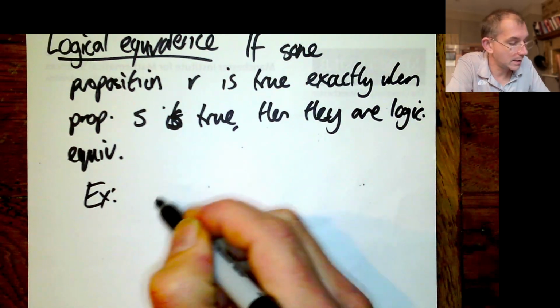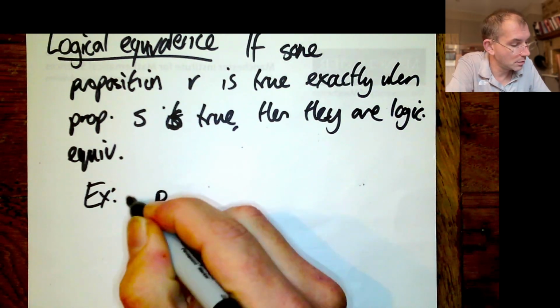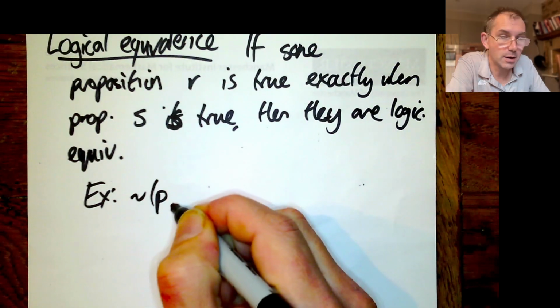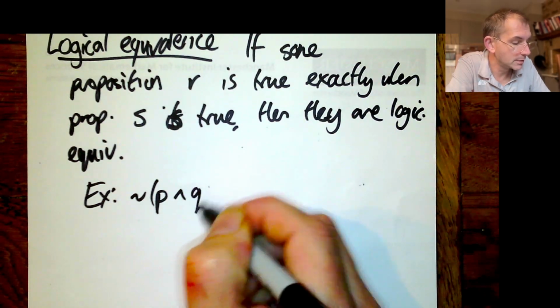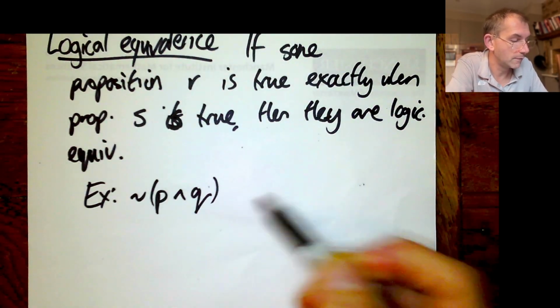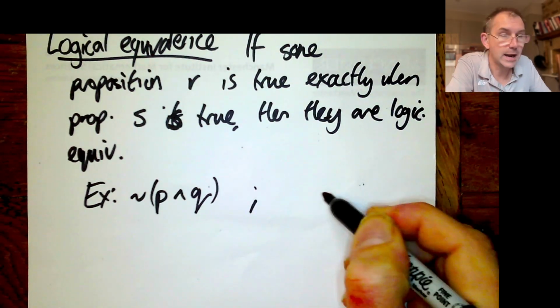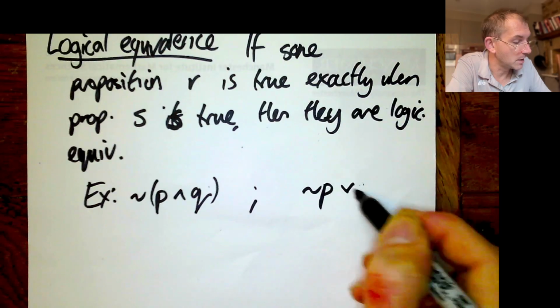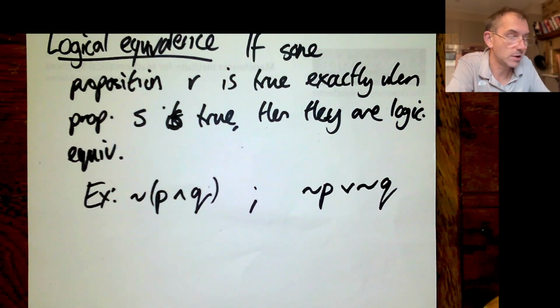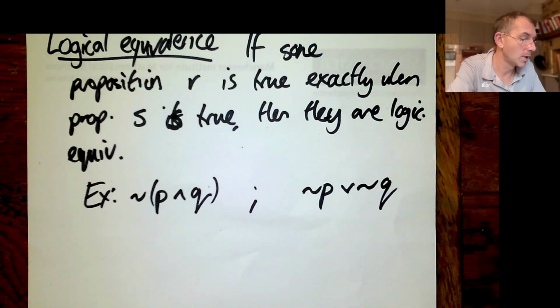So we're going to take the two statements not of P and Q and not of P or not of Q. And we're going to see that they are the same.